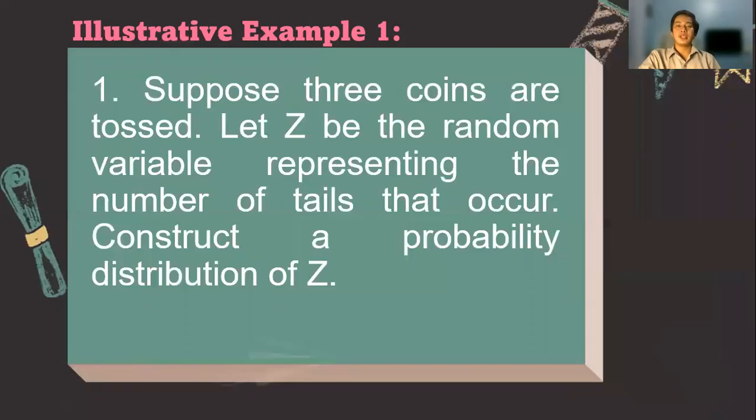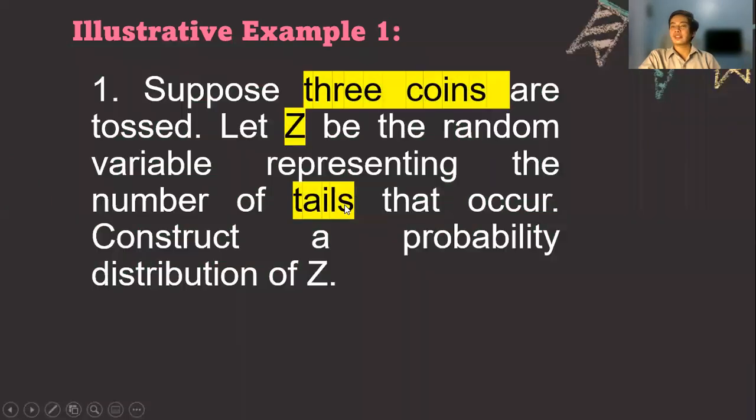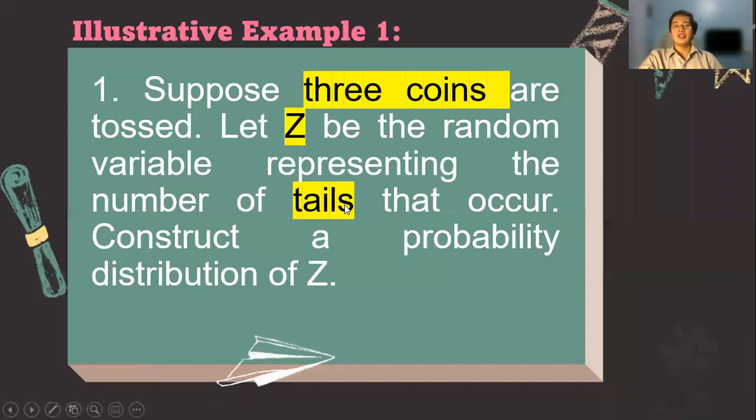Let's have this example. Suppose there are 3 coins which are tossed. Observe that we represent the random variable as capital letter C, and what is C? C is the number of tails.